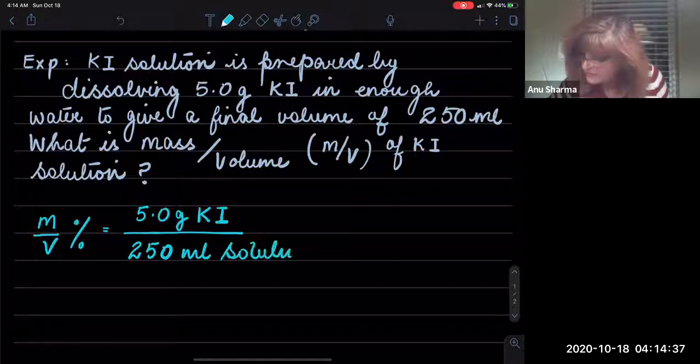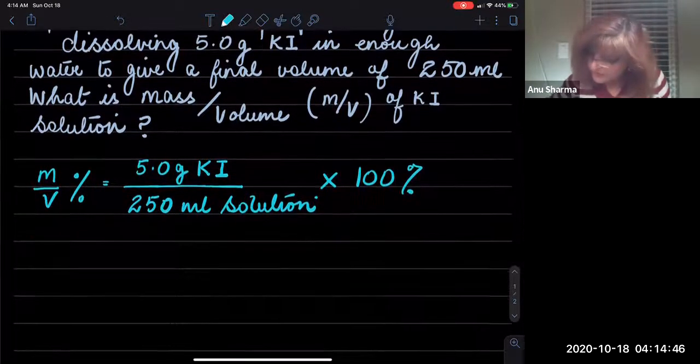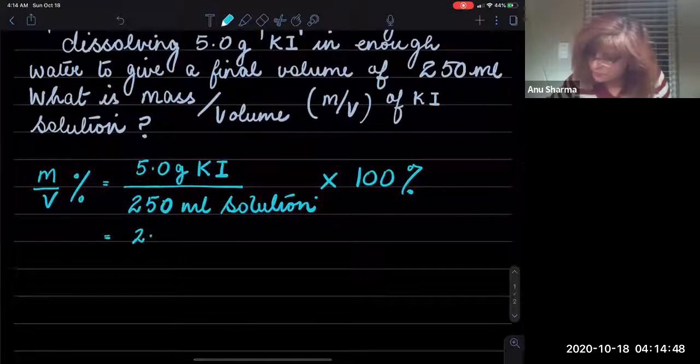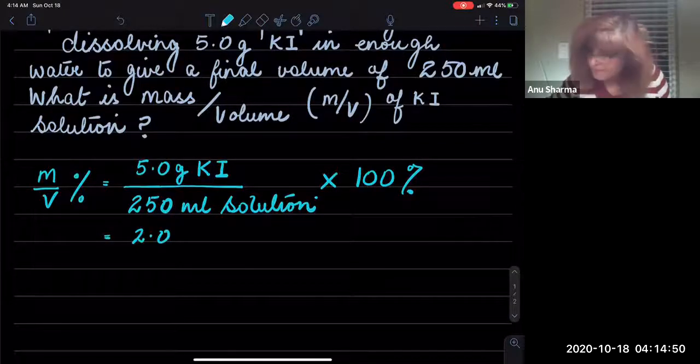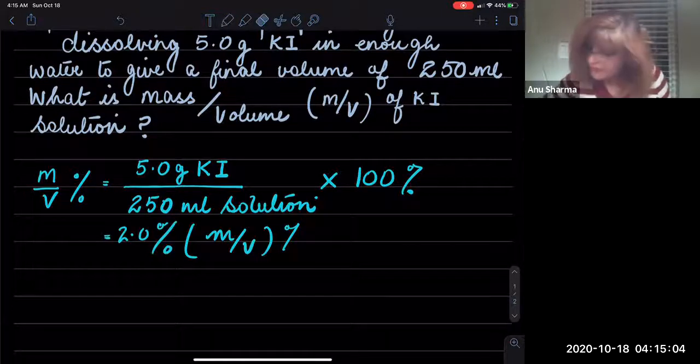And this whole thing multiplied by 100%. And so that gives you the answer, which is 2.0% mass by volume of the potassium iodide solution.